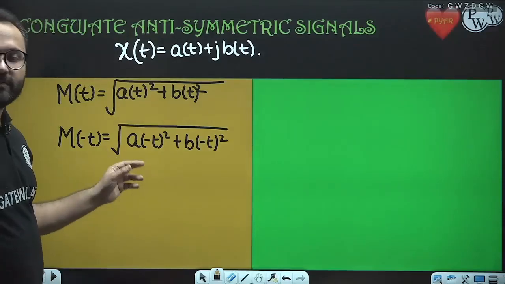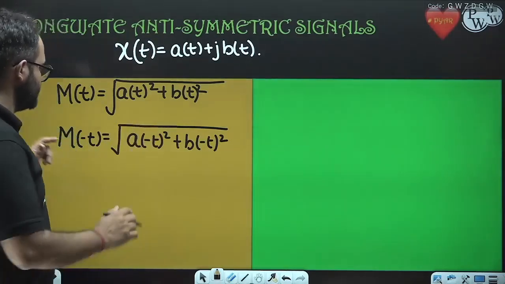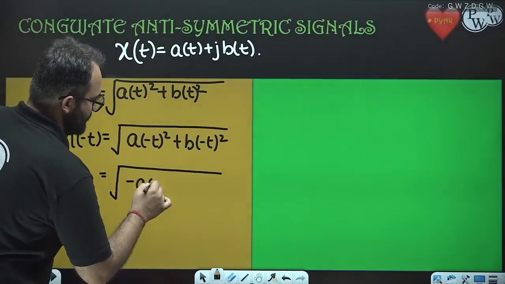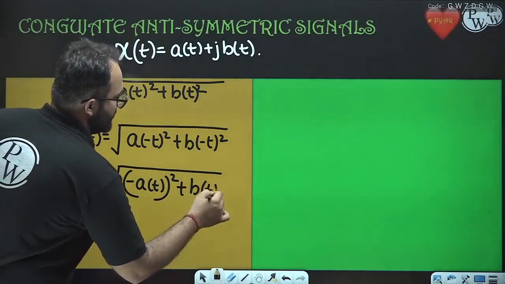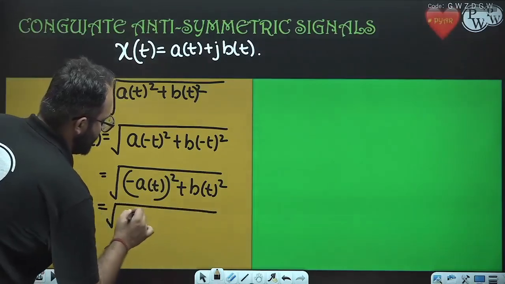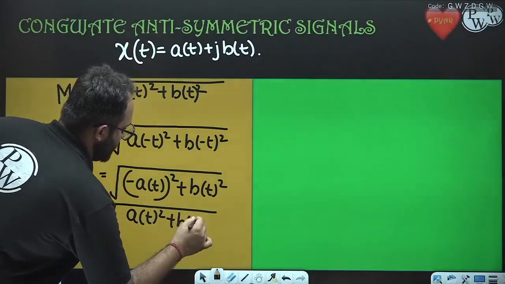From the previous analysis, we know that a of minus t is minus a of t, and b of t and b of minus t are equal. The square will remove the minus sign, so this comes out to be a of t square plus b of t square.